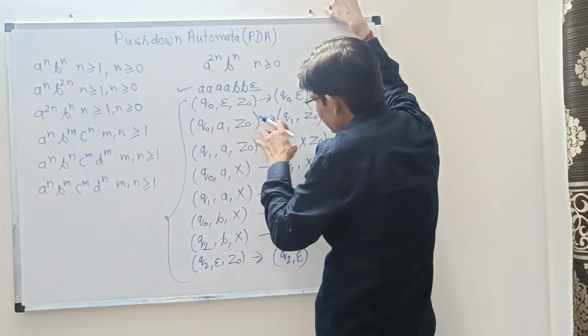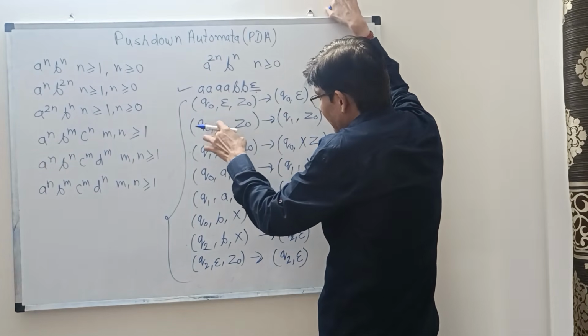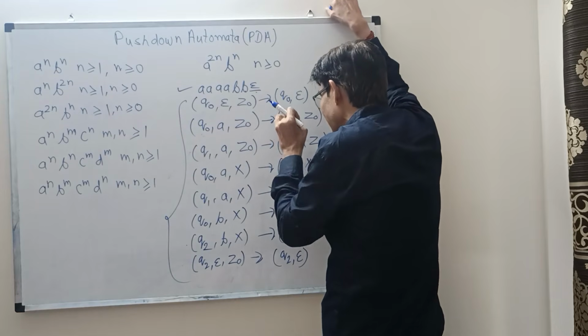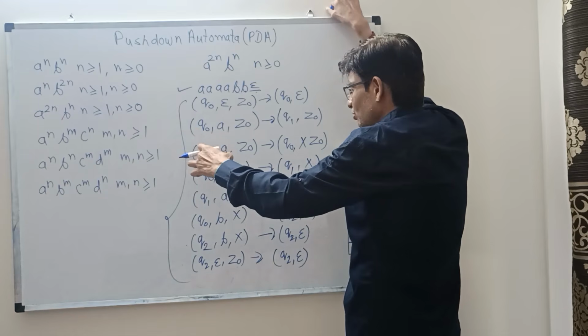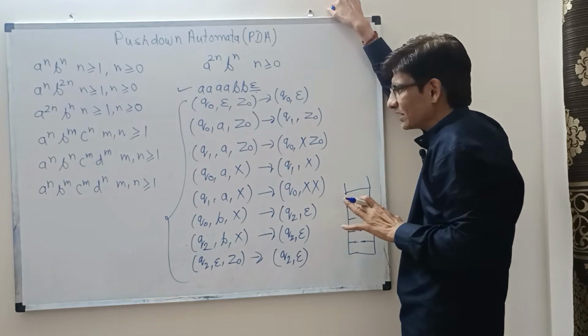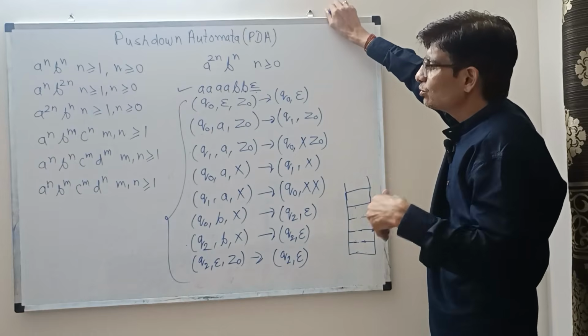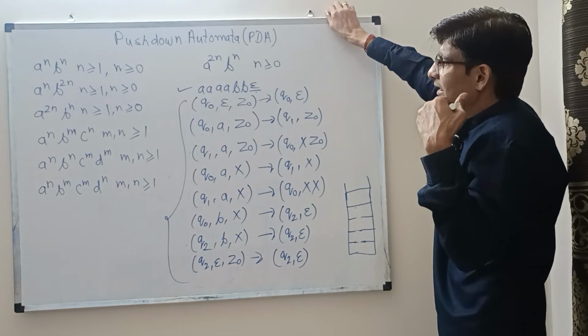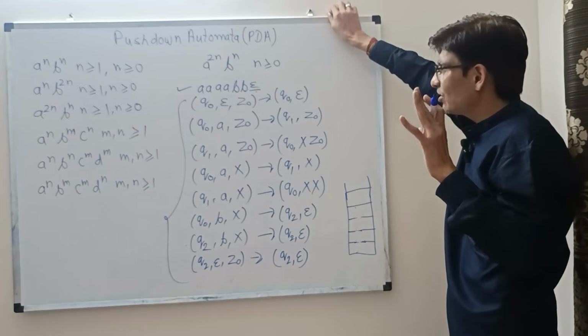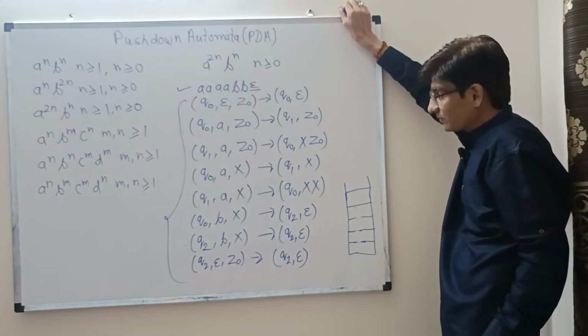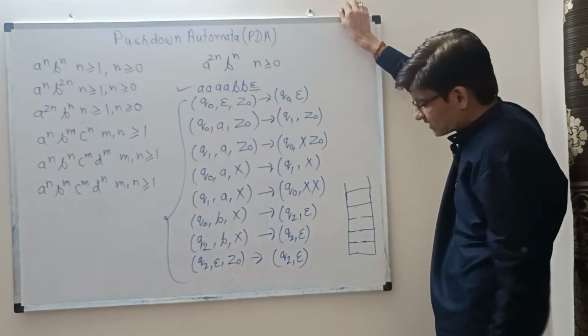So instead of Q1, you can use Q1 and Q2, and then you can go back to Q0 and push one element into the stack. So this is how you can create any number of A's, as this is the general logic for this kind of language. I hope this is very clear.